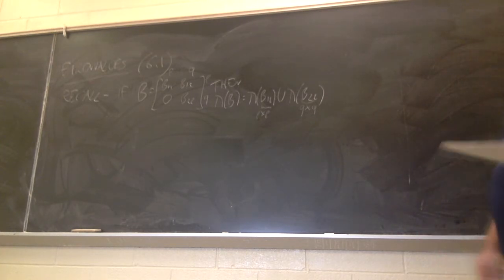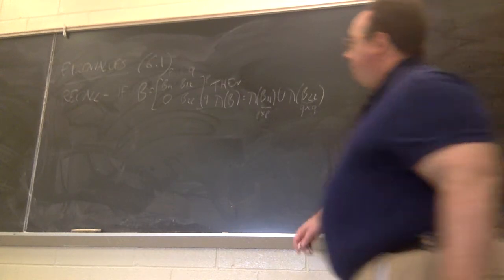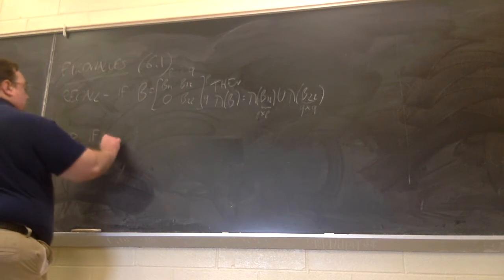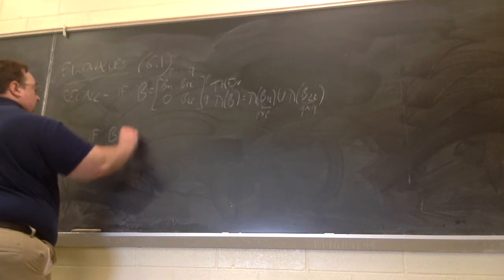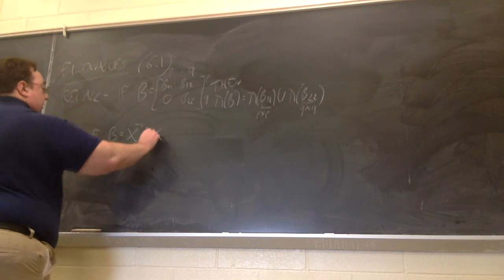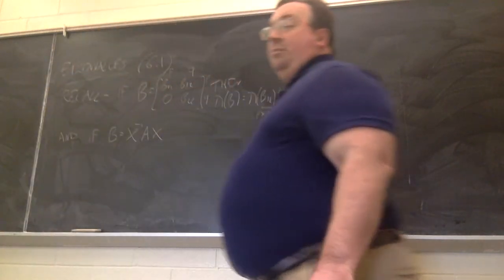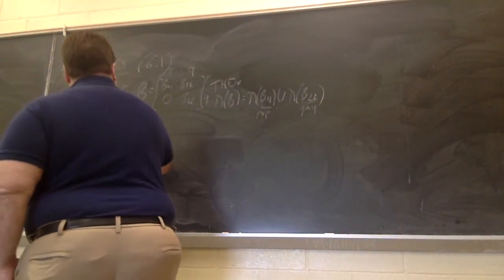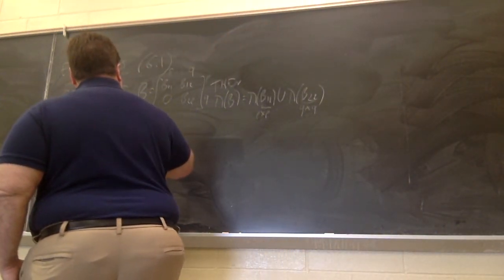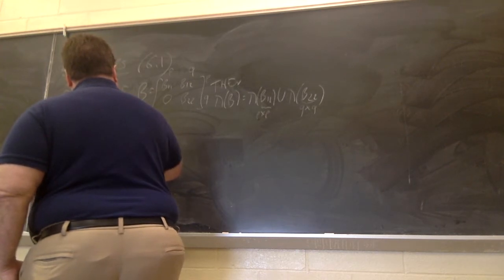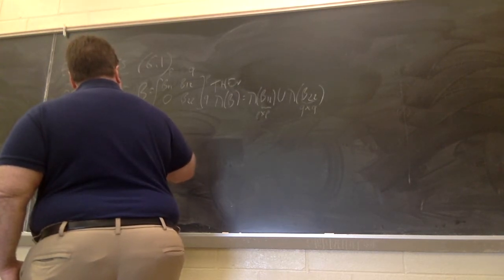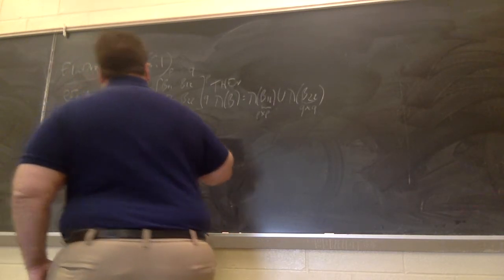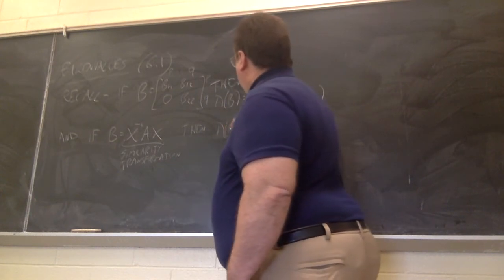Now, another thing to keep in mind from last time: if A and B are related by what is called a similarity transformation, then A and B have the same eigenvalues.